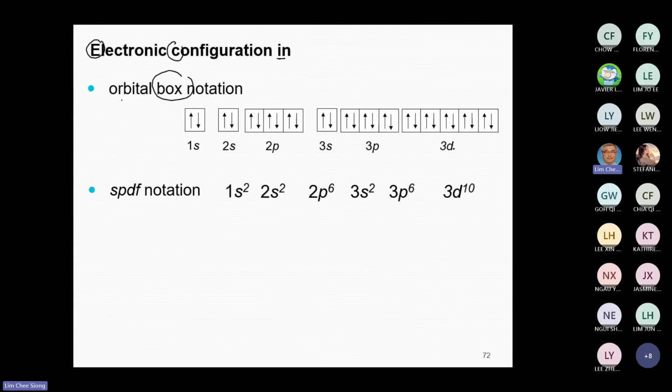Be careful. Sometimes the question will ask you for an atom, and some questions will ask you for an ion. If it is a positive ion, it means the electron number is getting lesser than the atomic number. For example, sodium. Sodium has 11. So when the 11 fill in, you can fill 1, 2, 3, 4, 5, 6, 7, 8, 9, 10, then 11 over here.